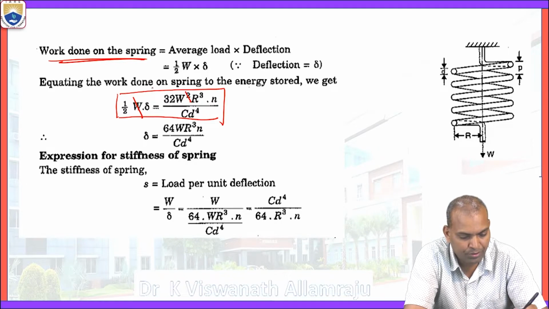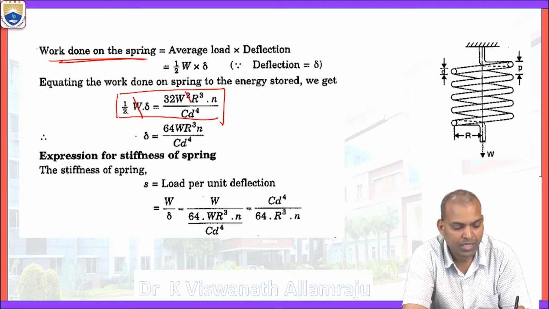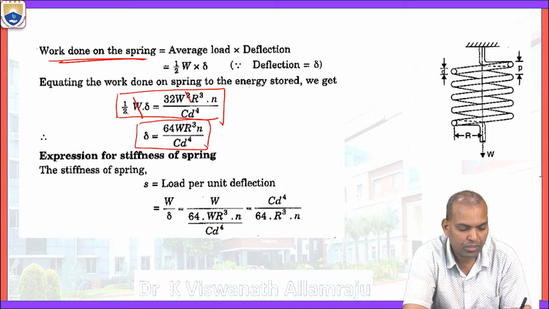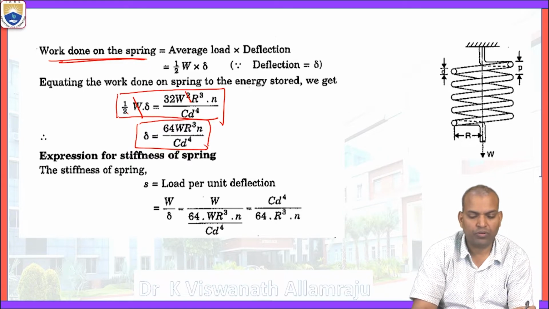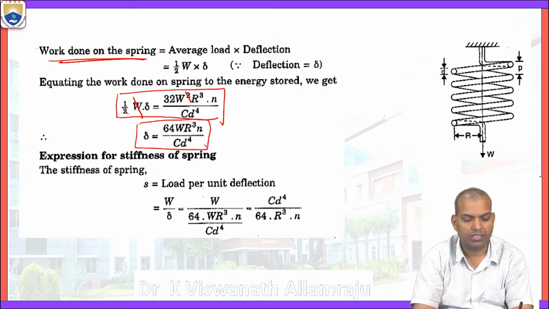Cancel W, and the 1 by 2 goes to the right side, that is 64. Delta equal to 64 W R cube n by C d power 4. This is the expression for deflection.